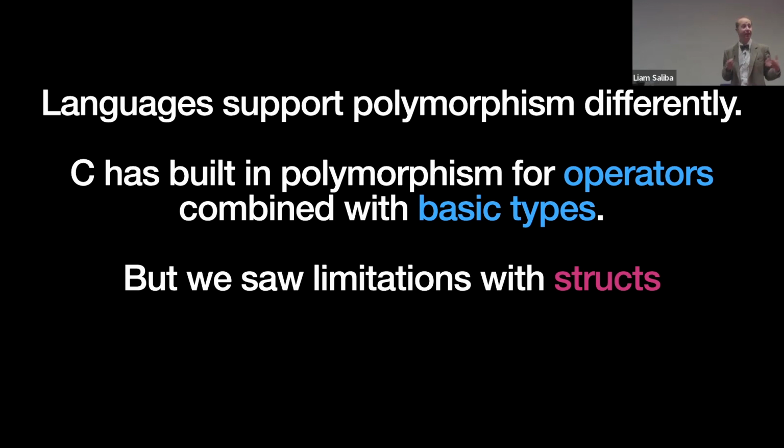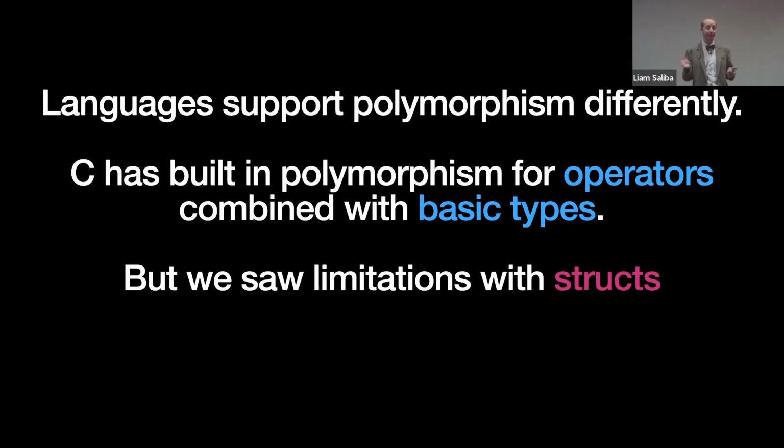But C does have some built-in basic polymorphism that we've already seen. You can add together using the plus sign two strings. You can add two pointers. You can add using the plus sign two integers. You can add two doubles, two floats. And so we already have some notion in C that we can use a single operator to act on multiple types. And this is really just an extension of that idea.